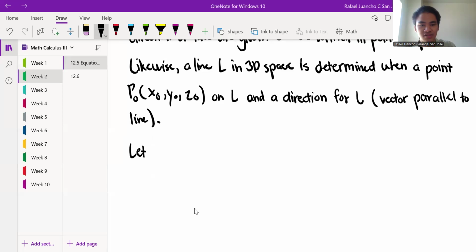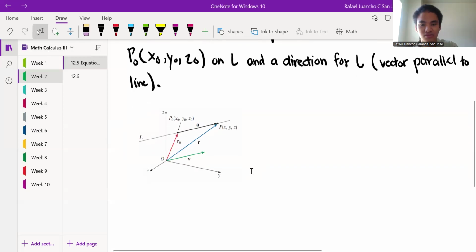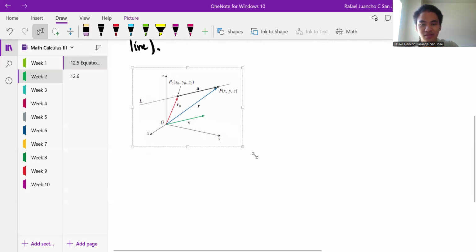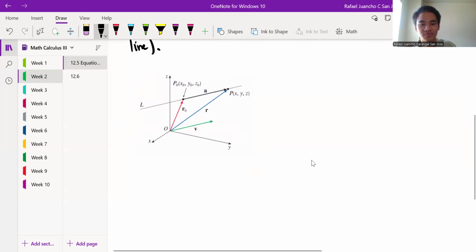I'm going to take a screenshot of the picture that we're going to be referring to, so that we won't get confused. I'm a visual guy.